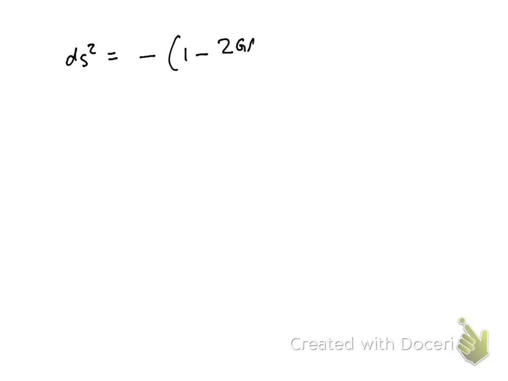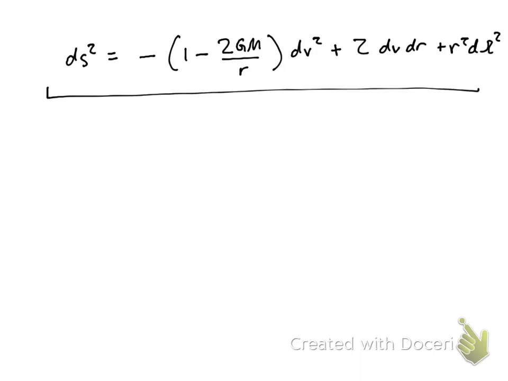In Eddington-Finkelstein coordinates, the Schwarzschild metric looks like this. So this is Schwarzschild in Eddington-Finkelstein, and this v here is Eddington-Finkelstein time.